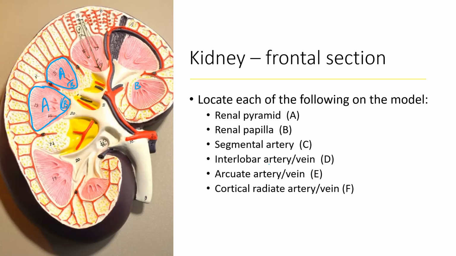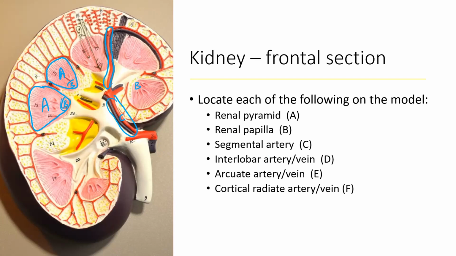Segmental artery. That's right here. That's the segmental artery. Interlobar artery or vein, okay, that's the one that goes up on the side, right? Like this one right here, that's traveling up the edge of your pyramid. And there's another one right here, right?